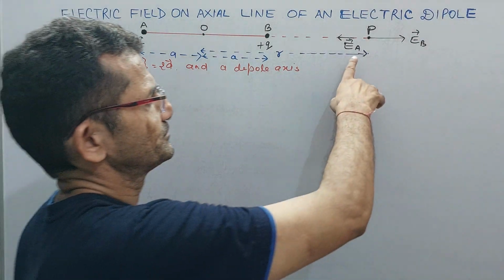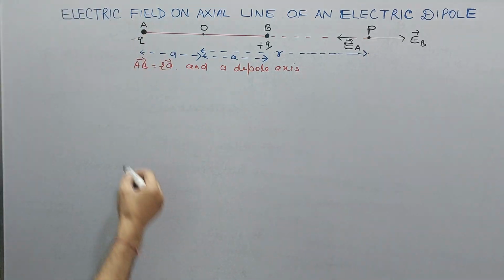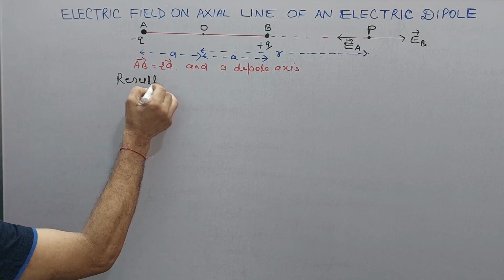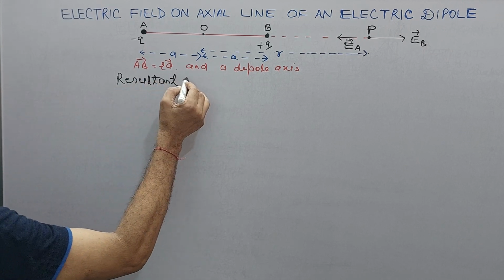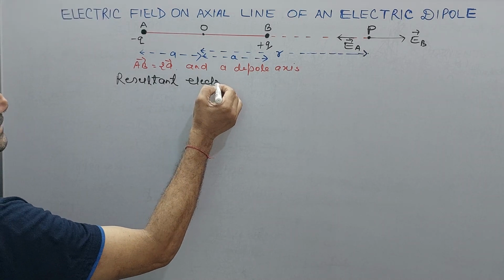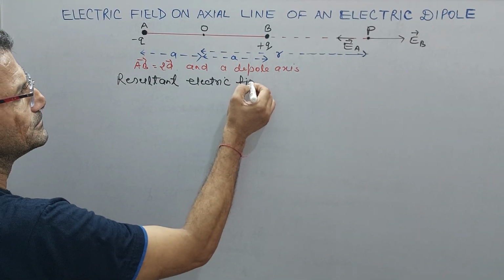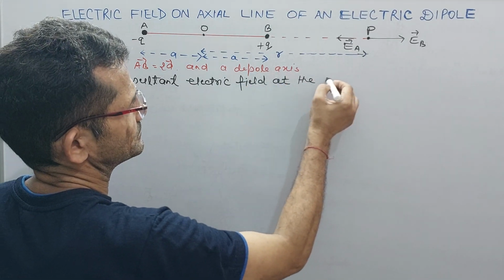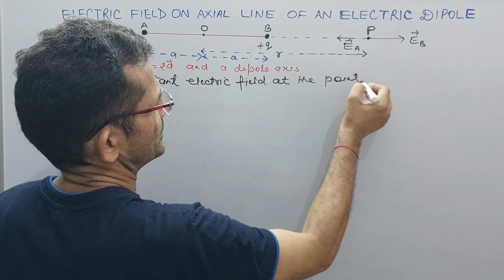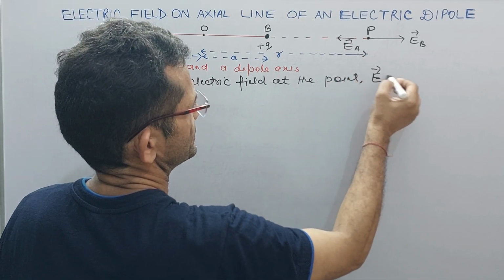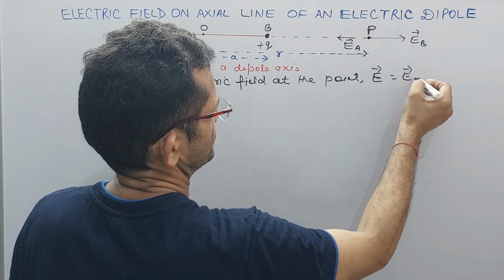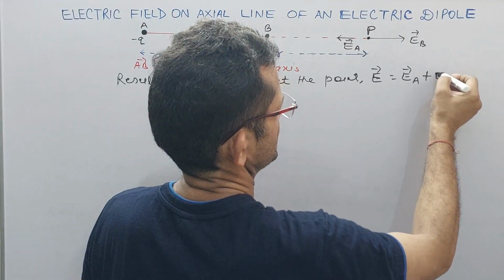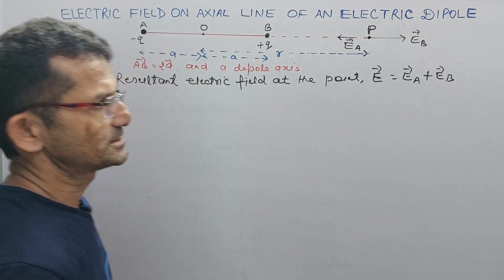Since both are vectors, the resultant electric field at the point P will be the vector sum, not the algebraic sum. So now vector EA plus EB.